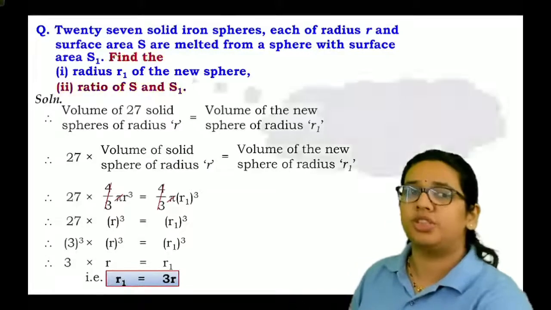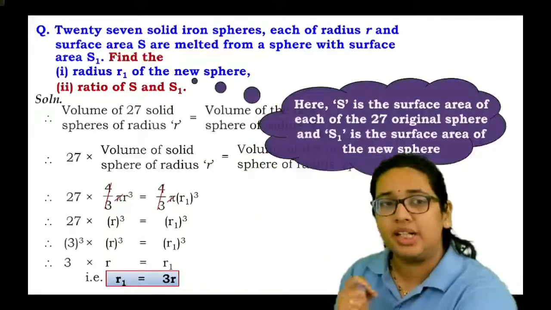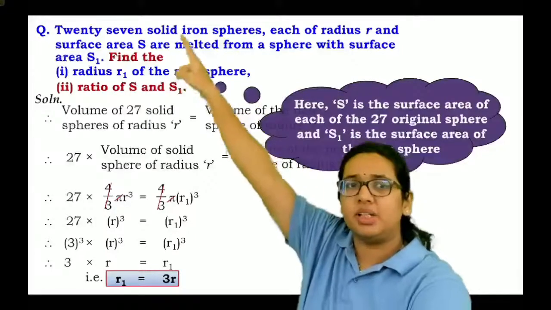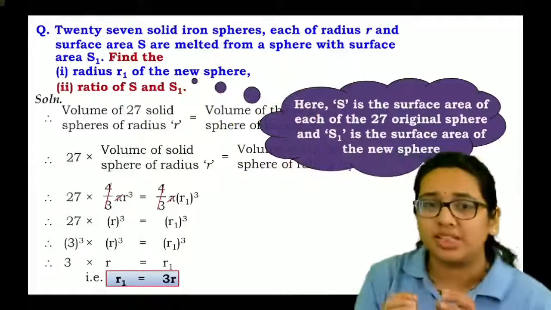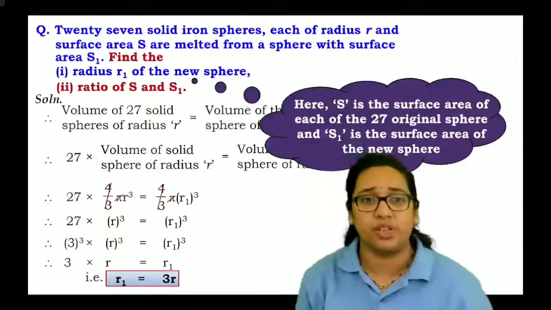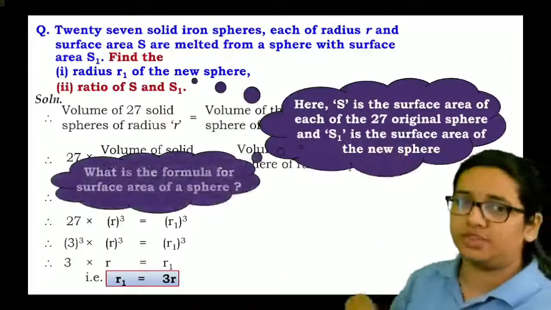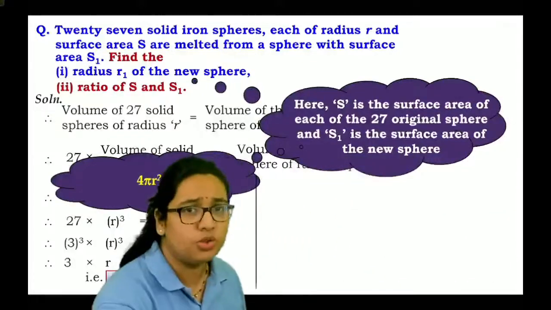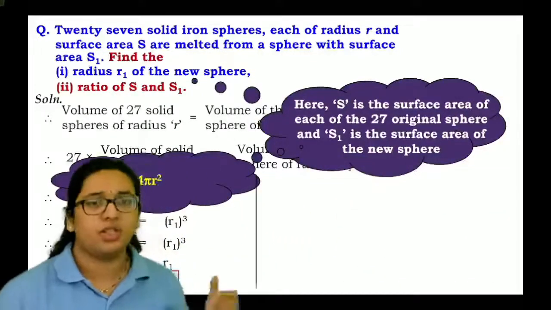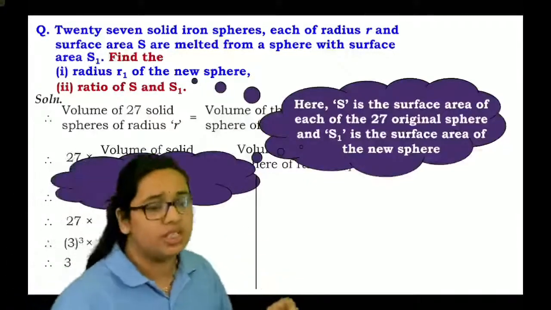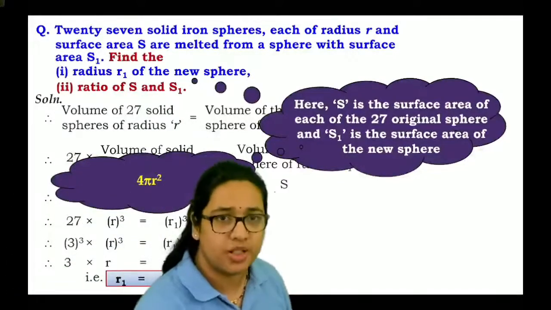अब सिर्फ आपको चेक करना था सेकेंड केस, दैट इज रेशियो ऑफ एस एंड एस1. बट एस इज नथिंग बट जो आपके पास ओरिजिनल थे स्फीयर उसके जो भी कुछ सरफेस एरिया रहेगा डिवाइडेड बाय एस1 इज नथिंग बट सरफेस area of the new sphere. But whatever it is, we know that formula for surface area of the sphere is 4 times pi r square.